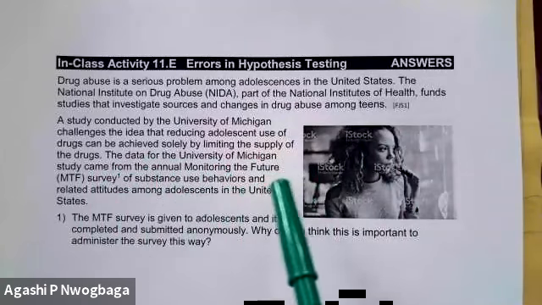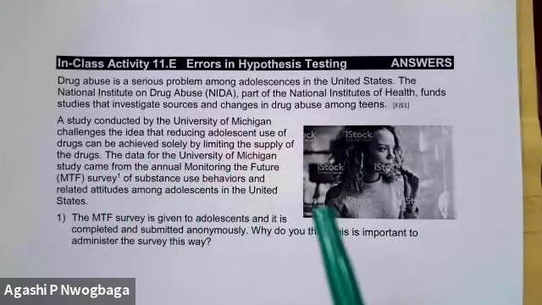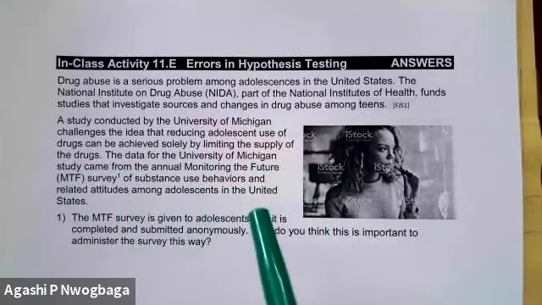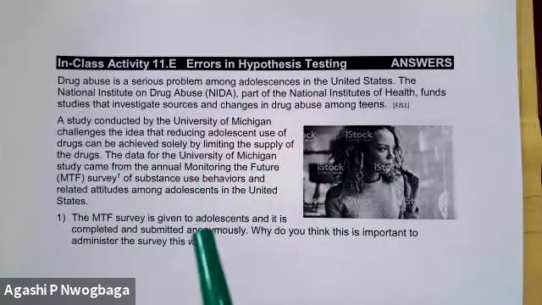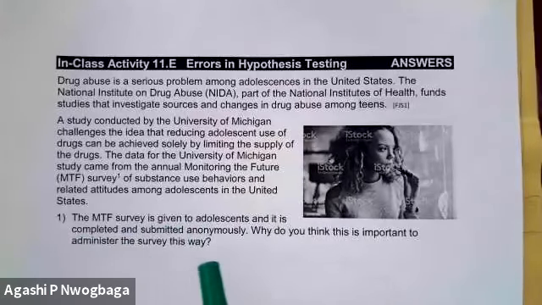The data for the University of Michigan study came from the annual Monitoring the Future, MTF, survey of substance use behaviors and related attitudes among adolescents in the United States. The MTF survey is given to adolescents and it is completed and submitted anonymously.